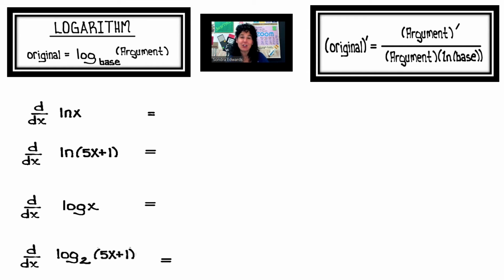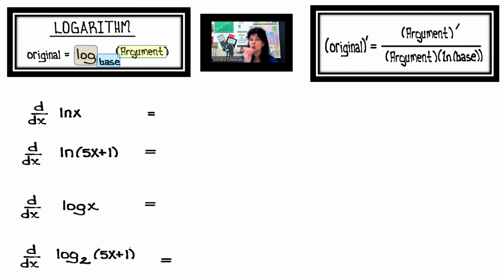Today we get to find the derivative of logarithms, and this process is really pretty straightforward. If you have a log, every logarithm has a base number, and then you're finding the log of something. Whatever that something is, that is known as the argument.